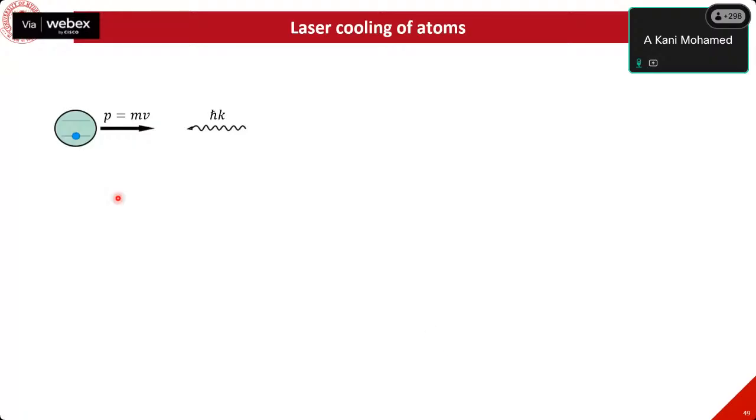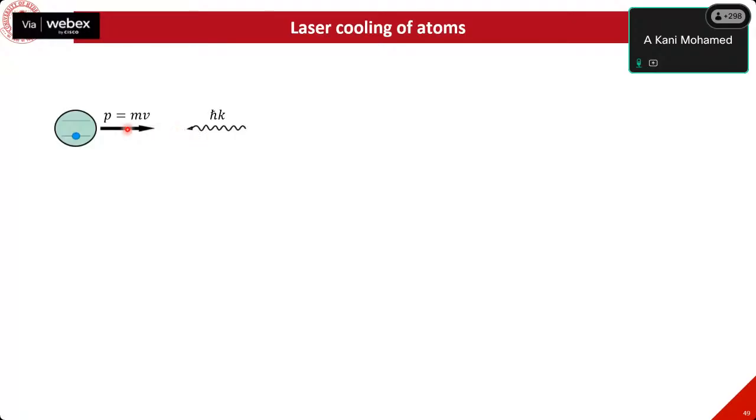So consider an atom like a two-level system which is moving with a momentum mv. Under laser light, each photon having a momentum of h cross k is traveling towards the atom, so both of them are moving in opposite directions.